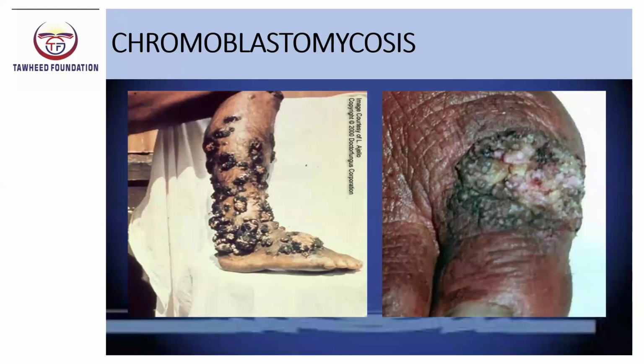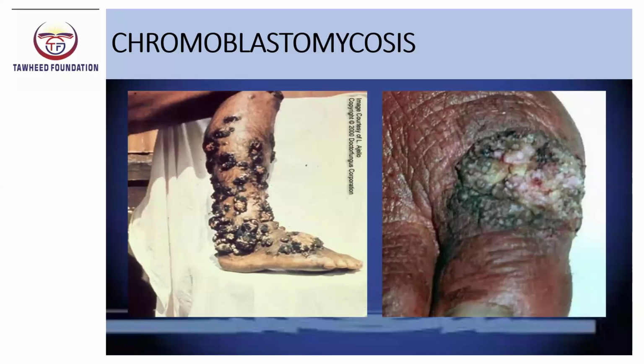It is a soil-inhabiting fungus. Infection is enhanced by going barefoot or wearing sandals, and it is found almost exclusively in laborers, entering the hand or feet after trauma. It is found primarily in the tropics or subtropics.